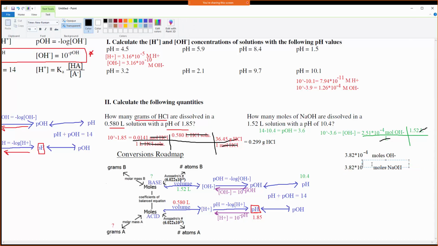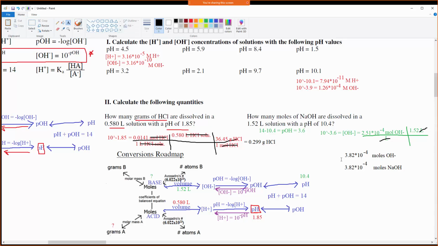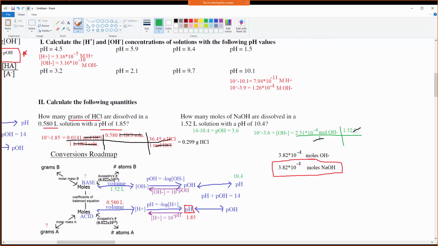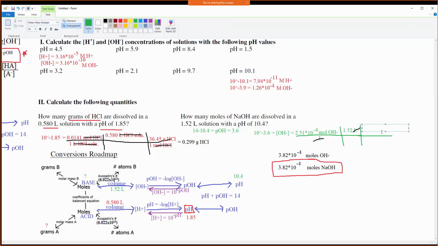It's the same thing. 1 mole of sodium hydroxide makes 1 mole of hydroxide. And if it makes me feel better, I can always just add that into my line here, right? I can do that.